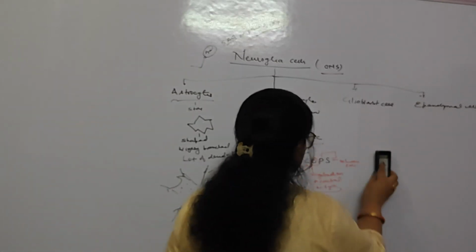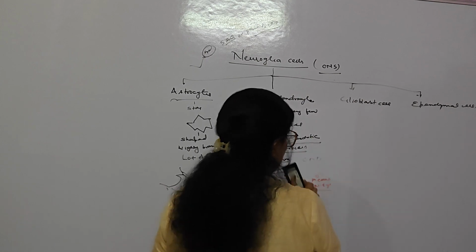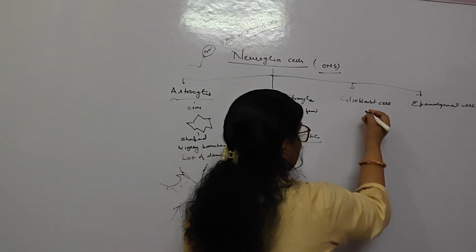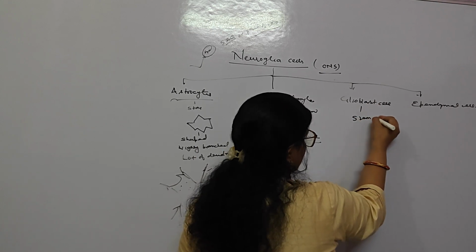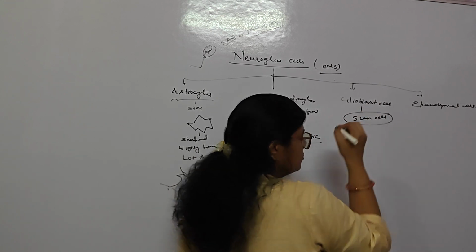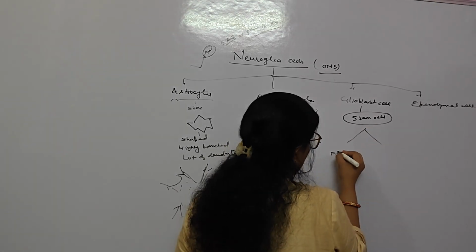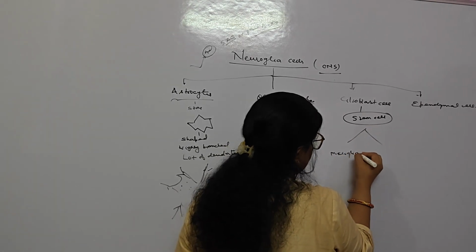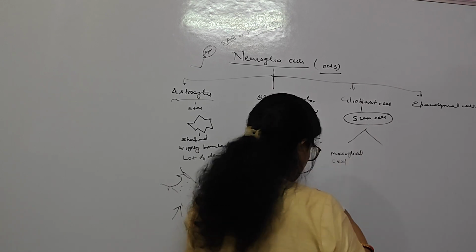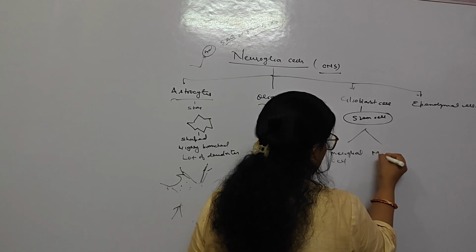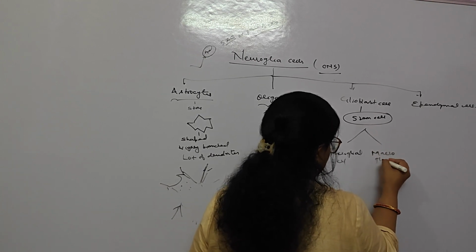Now coming to glioblast cells. What are glioblast cells? Glioblast cells are the stem cells. Stem cells, as you know, have regenerating power. So they will regenerate to form the microglial cells and the macroglial cells.